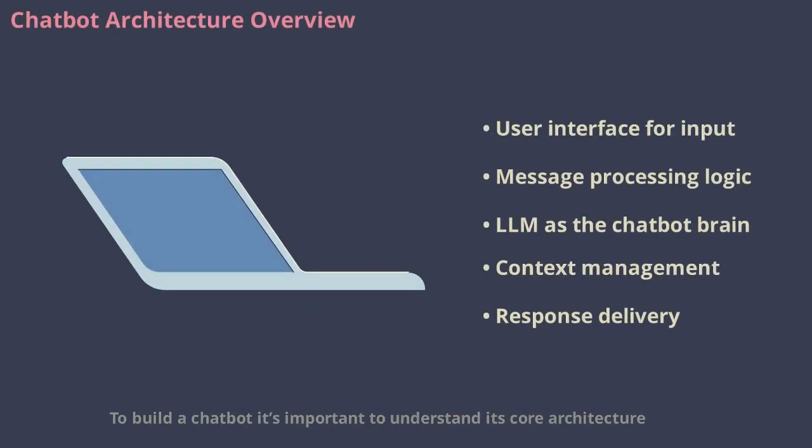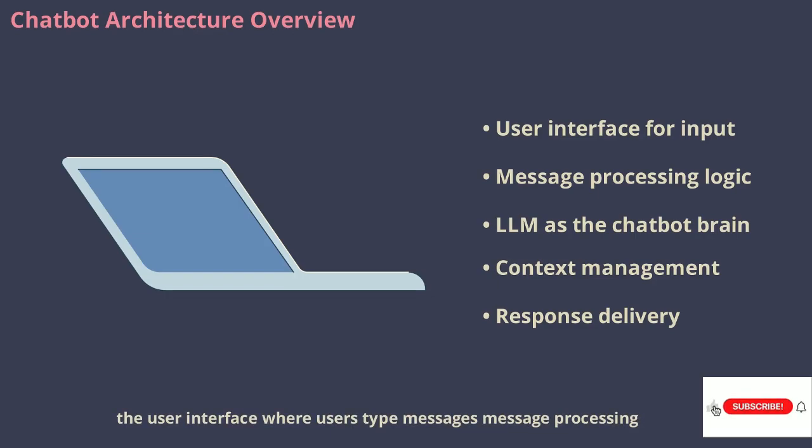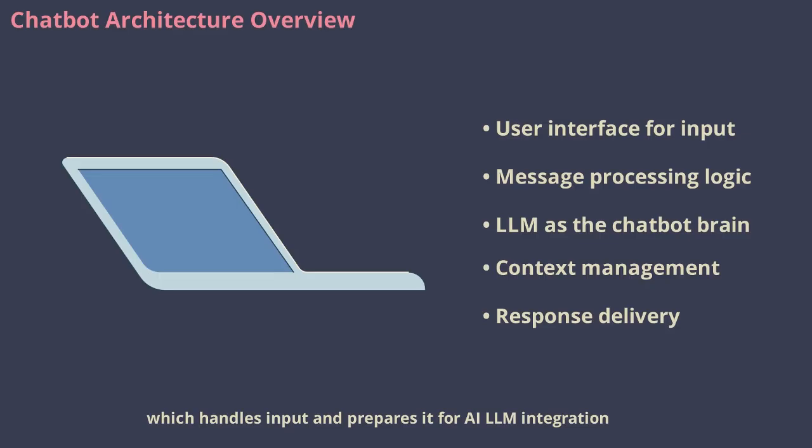To build a chatbot, it's important to understand its core architecture. At the heart of every chatbot are several key components. The user interface, where users type messages. Message processing, which handles input and prepares it for AI. LLM integration, serving as the brain that generates responses.